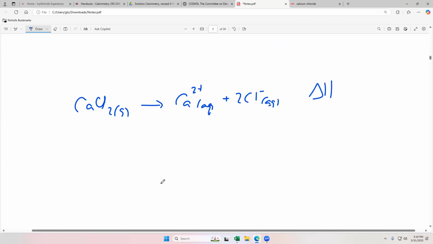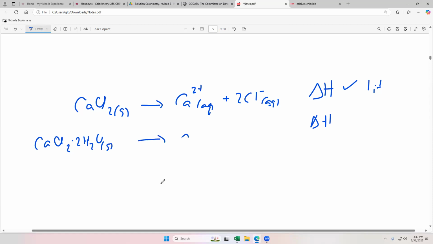We know the delta H for this, right? We've calculated that. And our experiment, so this is from literature data. From our experiment, what did we do? We did calcium chloride dihydrate, solid, right?